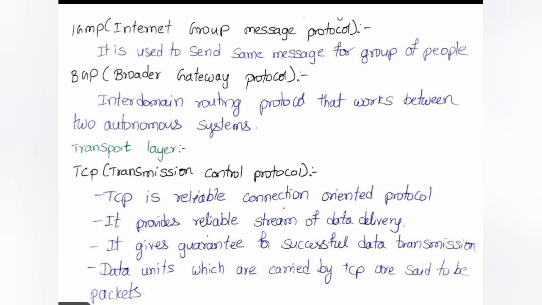Here the data units which are carried by TCP are said to be packets. This TCP protocol has an increase in overhead, so there is an increase in cost for using it. TCP is a reliable, error-free protocol, and it applies a flow control mechanism for transferring the data.